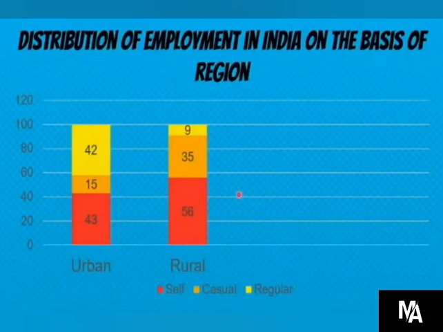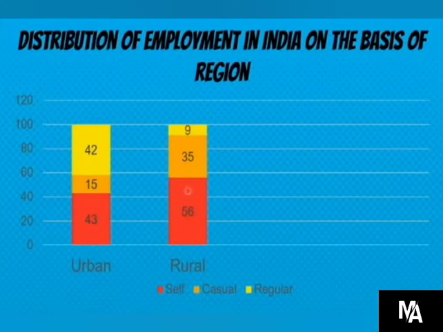Moving forward, we have distribution of employment in India on the basis of region. So in urban and rural areas, what is the situation? In urban areas, 43% are self-employed, 42% are regularly employed who work in offices, and 15% are casual or temporary workers. On the other hand, in rural areas, 56% are self-employed, 9% are only regular workers, and the remaining 35% are casual workers.